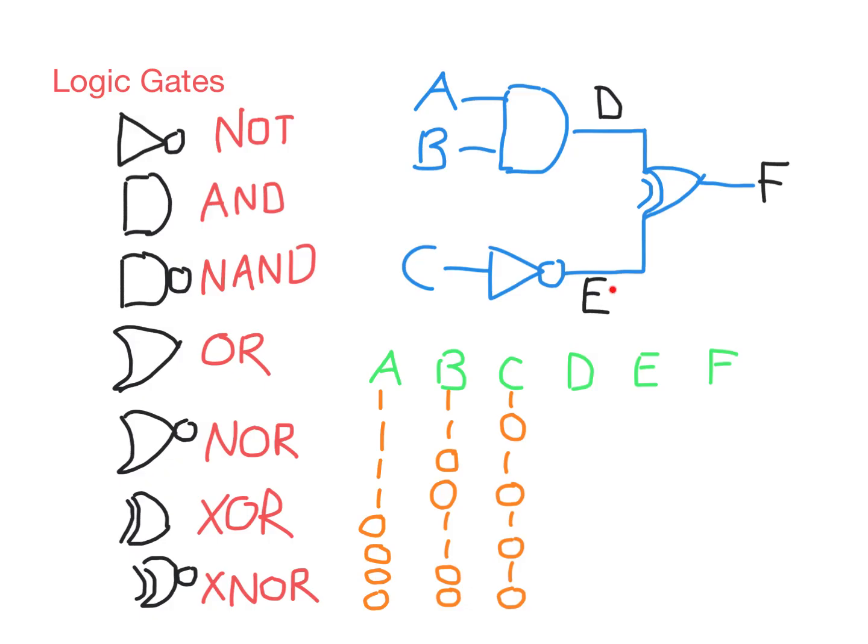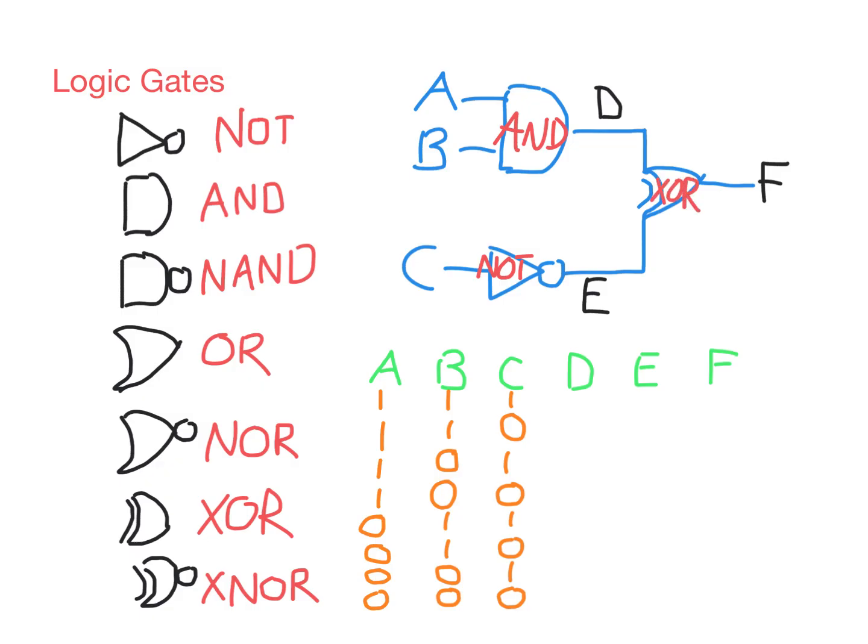D and E are outputs that form the inputs of the last gate, and our final output is F. Firstly, when presented with a logical gate, we need to understand all the gates. This one here is the gate for AND. The one down the bottom is the gate for NOT. And this one here is the gate for XOR, exclusive OR.